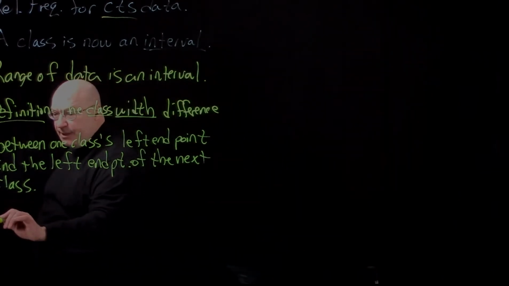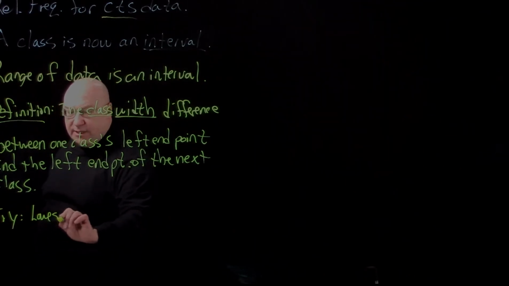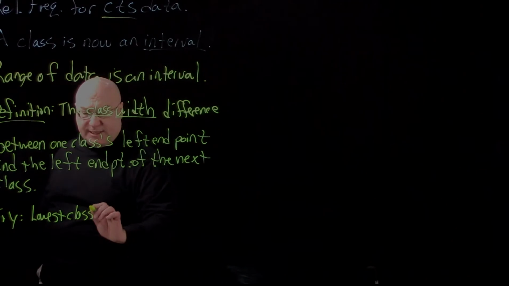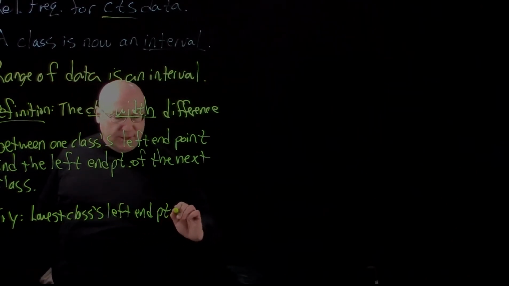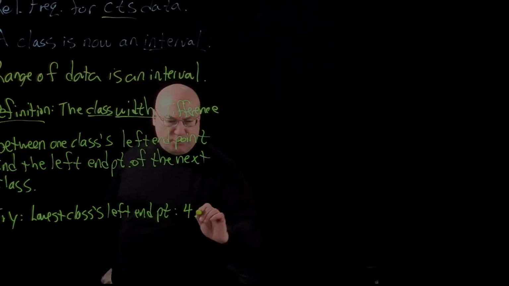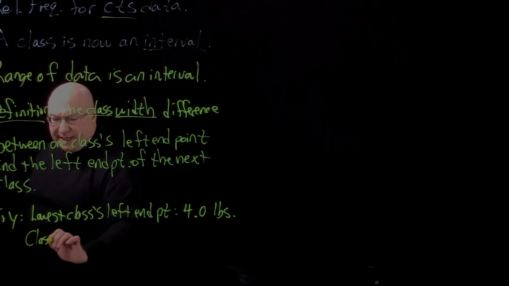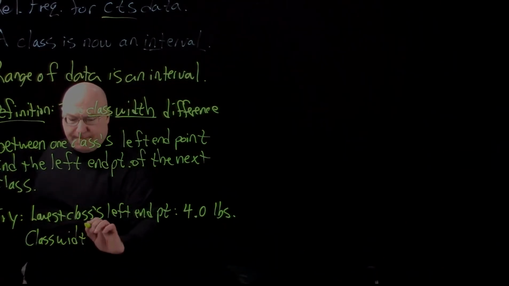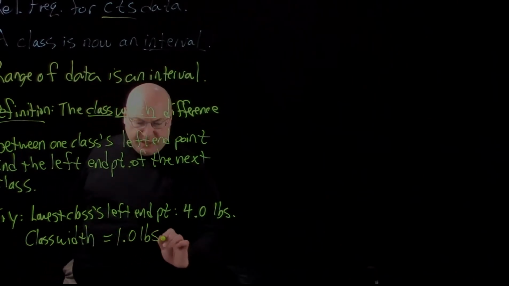So let's try this. The lowest class's left endpoint will be 4 pounds, and since it's to the nearest tenth, we should write it as 4.0 pounds. And let's make the class width be 1 pound, which is 1.0 pounds.